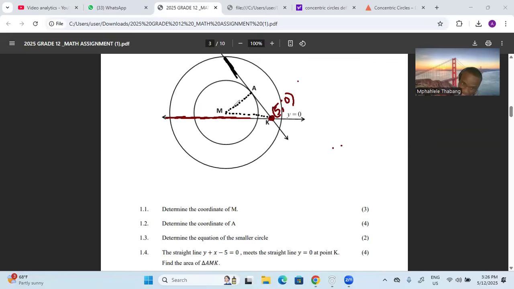Maybe let me highlight with a different color so that it can stand out. Yes, the area of this triangle, triangle AMK.